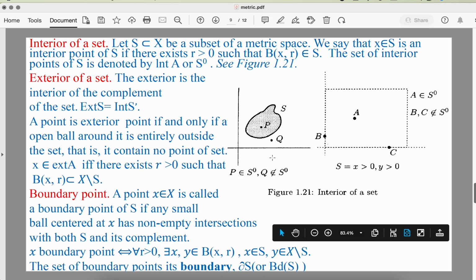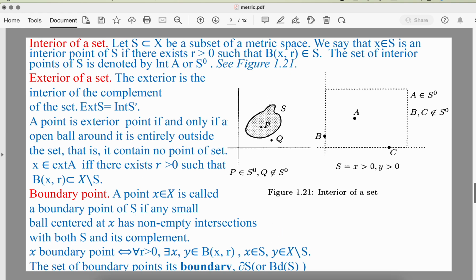For example, we see in this figure, this is the set S. Clearly, P is inside the set.